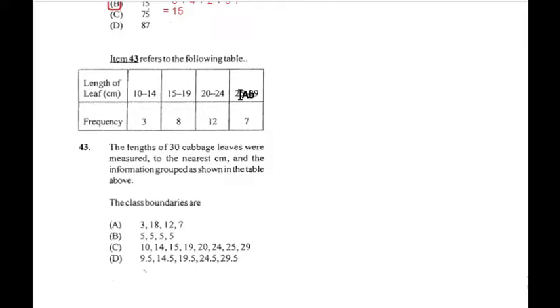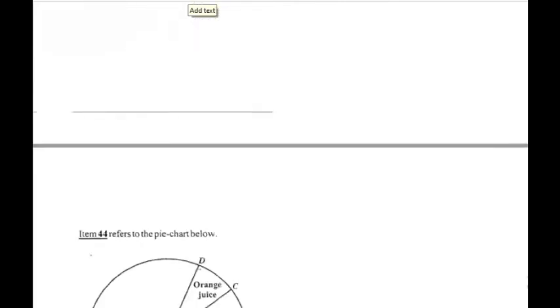So we're looking for the class boundaries, which are the end points. And remember, it is usually 0.5 less than or 0.5 greater than the class intervals. So in this case, our answer for 43 is D, and that is our answer.